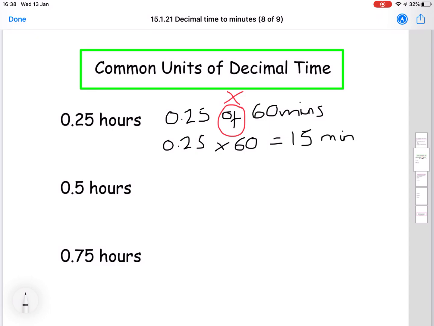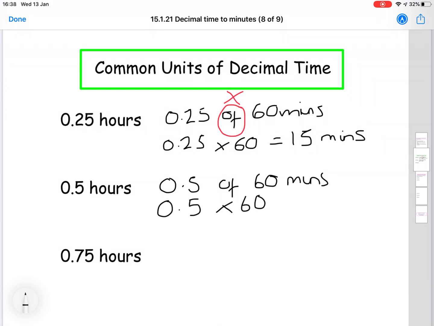This again is going to be calculator work, so you can use those to do these questions. If we do the same thing with the next question, we've got 0.5, so 0.5 of 60 minutes. Let's write that as 0.5 times 60, and if you're using the calculator, it'll tell you 30 minutes.